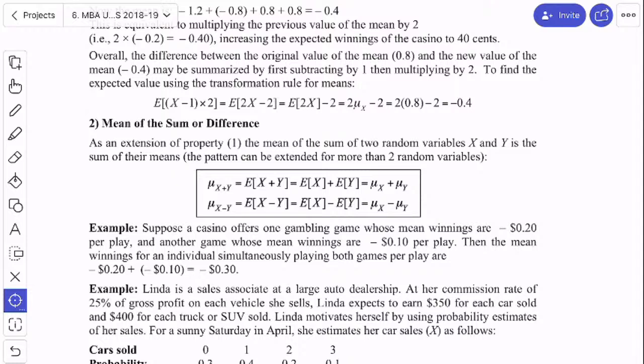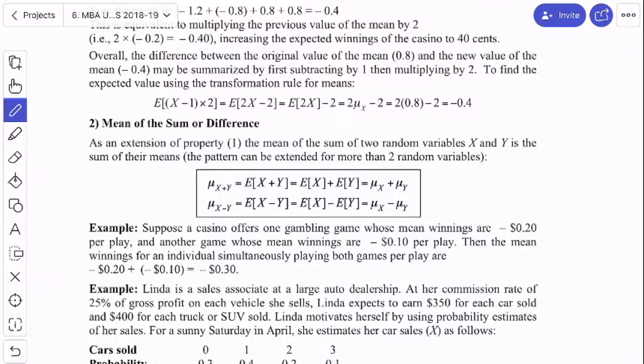Okay? And so whatever you do to the means, so how would I say this? So yeah, the mean of the sum is the sum of the means. That's what I want to say here.